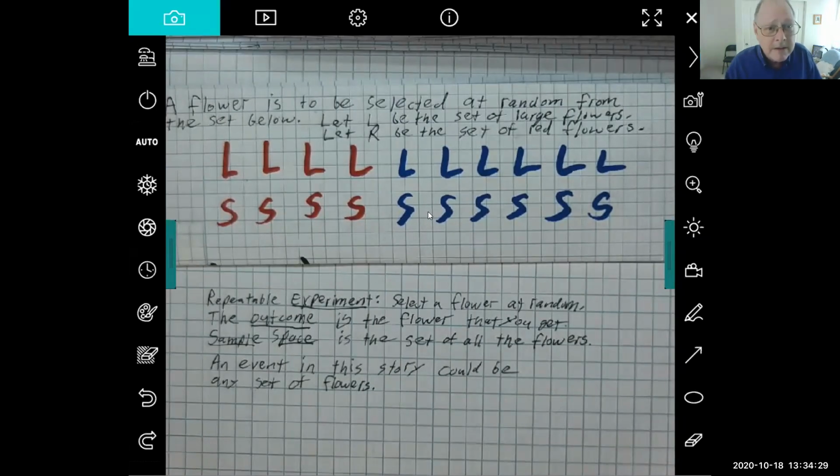So L, the set of large flowers, L is the event that we select a large flower. We identify the event with the set of outcomes.